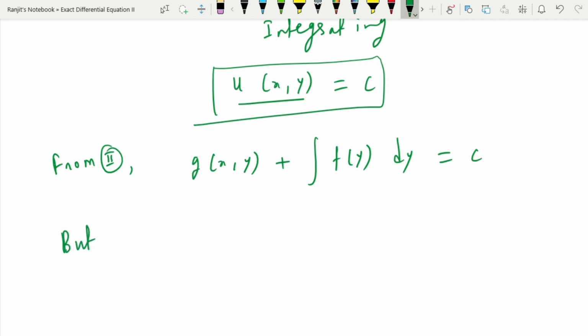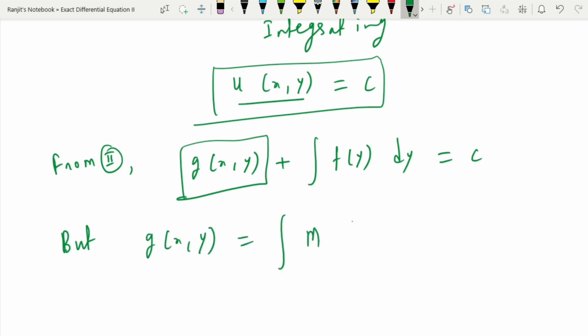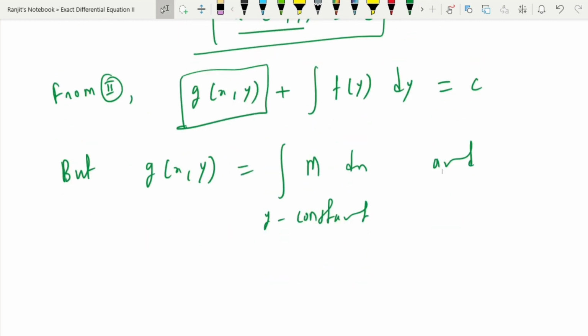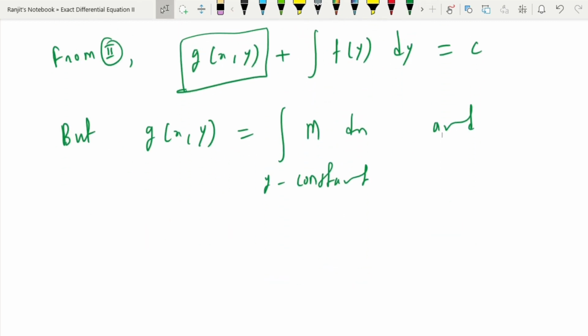But g of x,y means the integral of M dx keeping y constant, and f of y. So from equation 1, f of y is equal to N minus ∂g/∂y. Now we notice that this is a function of y alone.